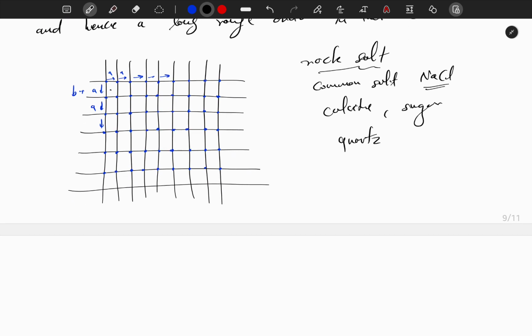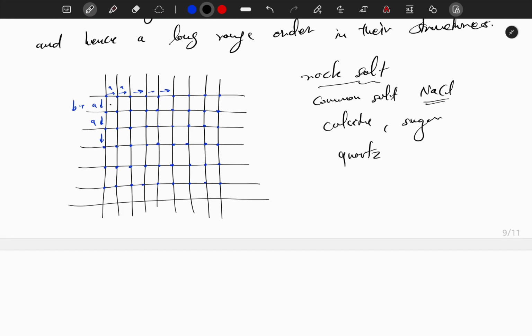Whereas in crystalline solids we can have different bond lengths in different directions. For example, if this is a rectangular 2D crystal, horizontally we will find a distance a, that is, the bond length is a between the atoms.